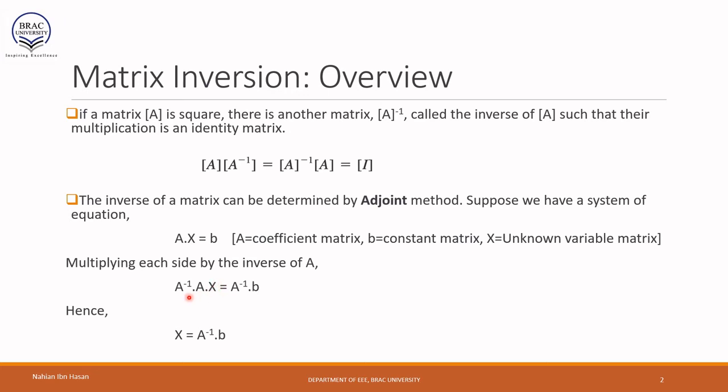That means I times X is X. And on the right hand side, we have A inverse times B. So if we can find the inverse of A, then multiplying that inverse matrix with the constant matrix, we can easily find our unknown variables X. That's the main theme of using matrix inversion to find the solutions of a system of linear equations. That's the main formula that we are going to use.